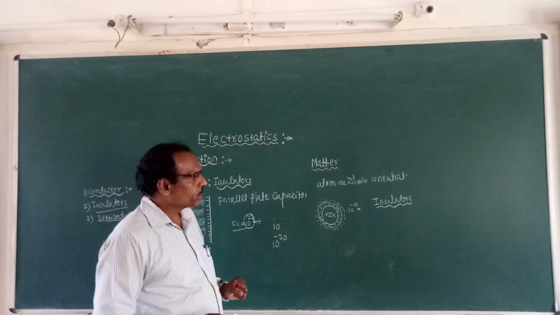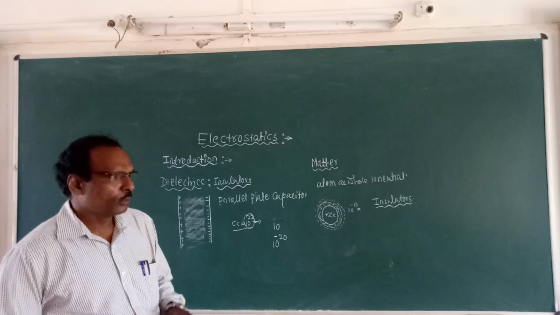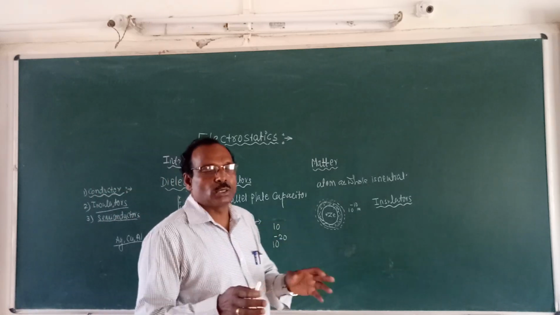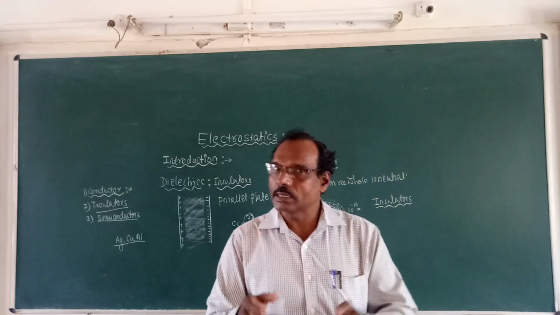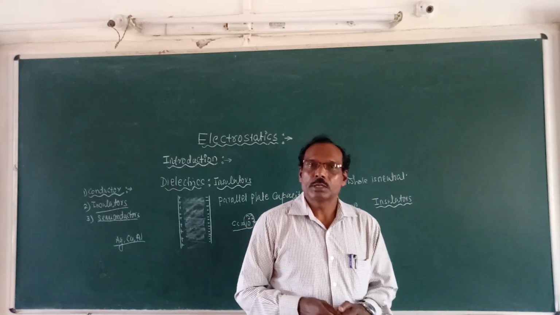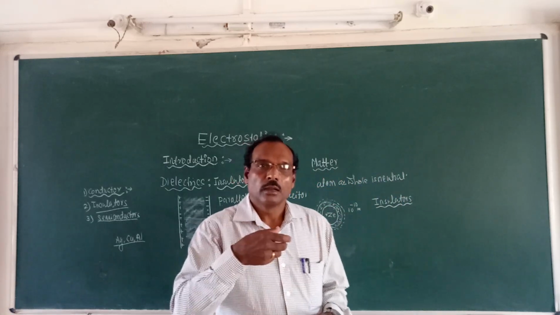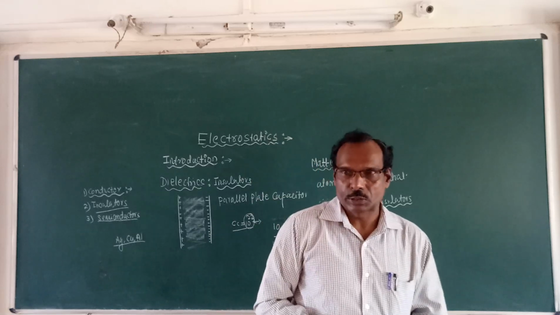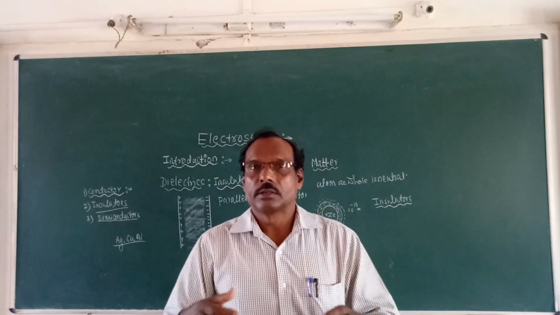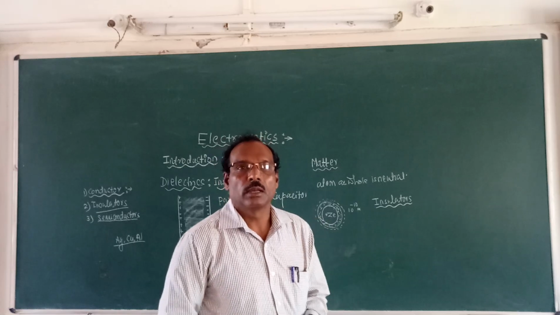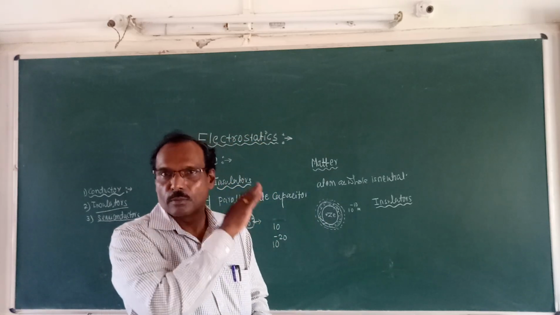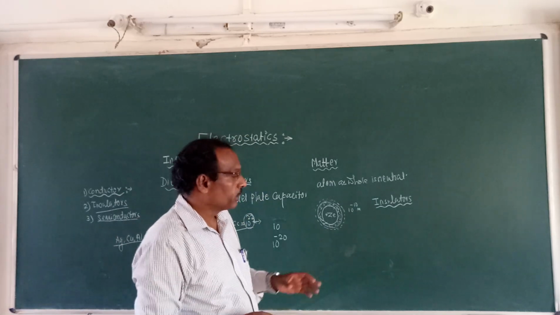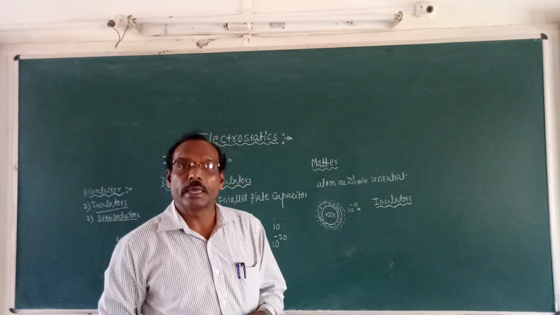Here in case of insulators, what is the importance of these insulators? What is called dielectrics. I will give an example here. Say high tension transmission wires, power transmission wires are passed from one place to another, from pole to pole. They have been insulated by air.